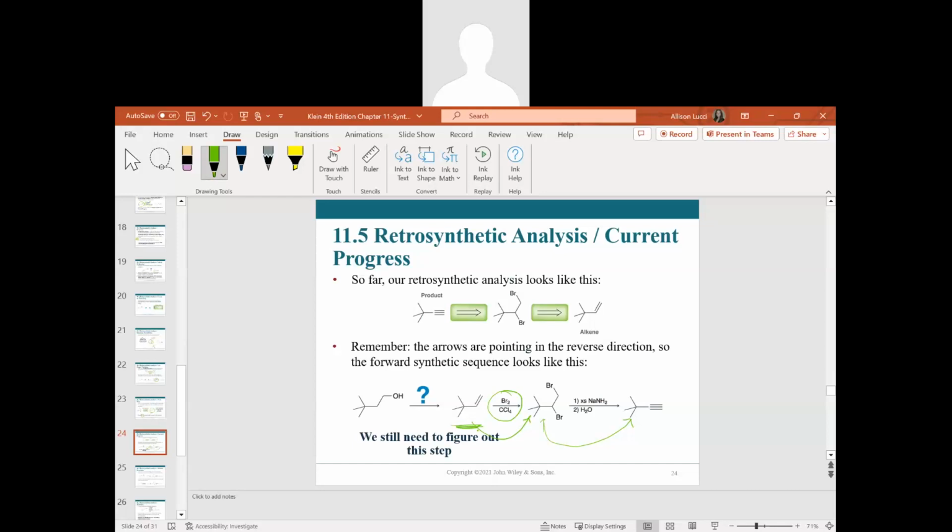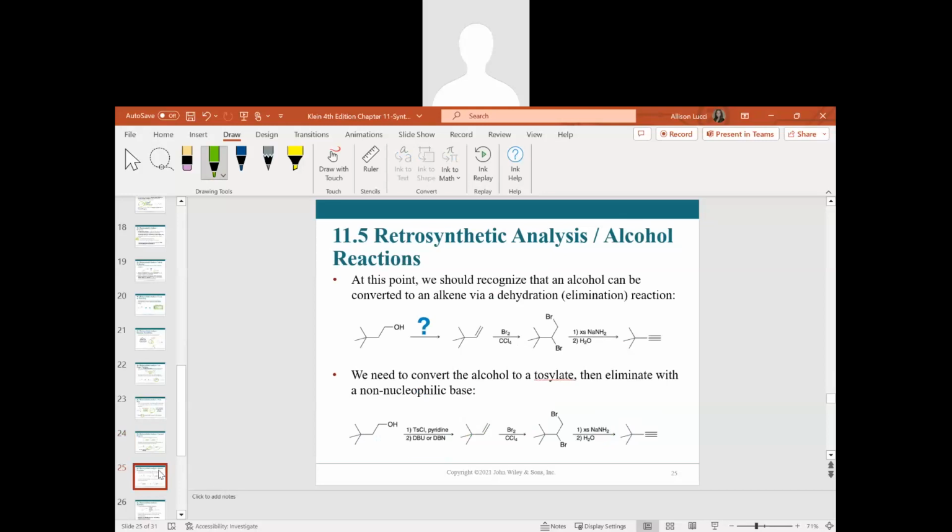So now we need to bridge the gap between our alcohol and our alkene. How could we create an alkene from an alcohol? We could be thinking that we could convert this alcohol to a tosylate and then use a non-nucleophilic base, so we don't have a substitution. This prevents substitution reactions, right?